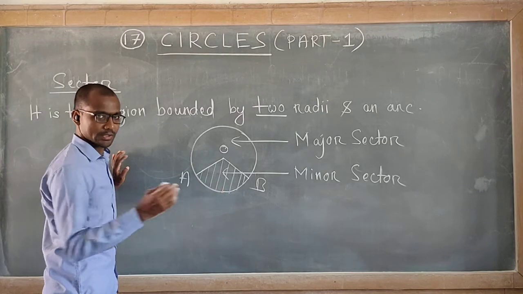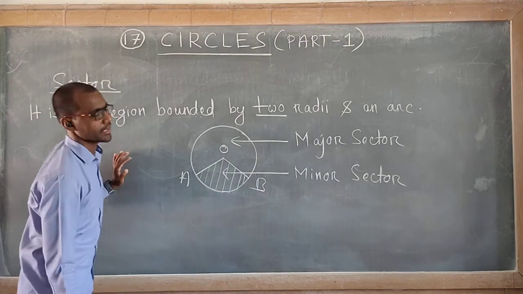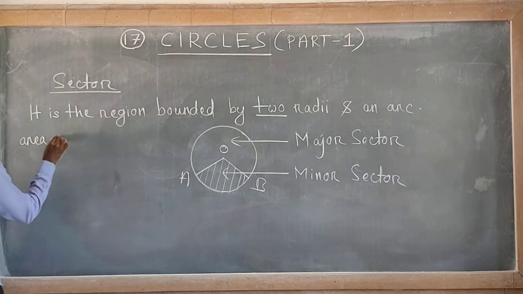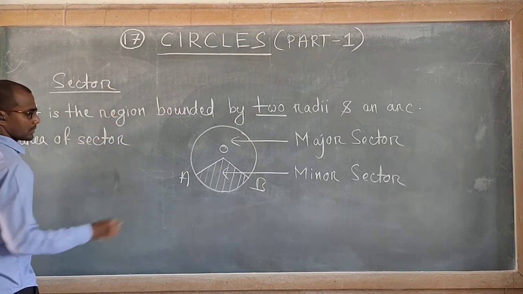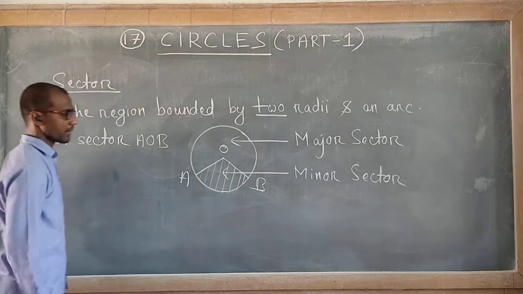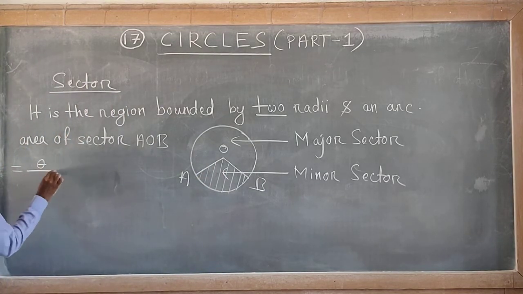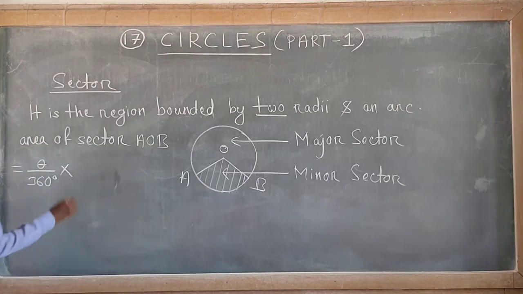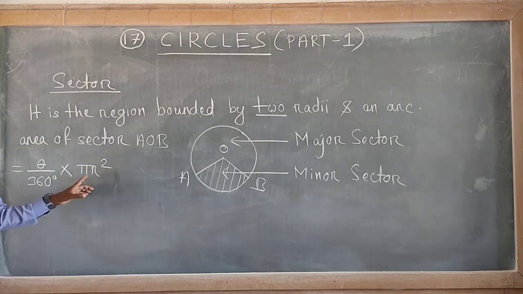Now this is a region, meaning it will have some area. So how to find this area? Area of sector AOB, a minor sector, is equal to theta by 360 degree into pi r square. Pi r square is the area of the circle.